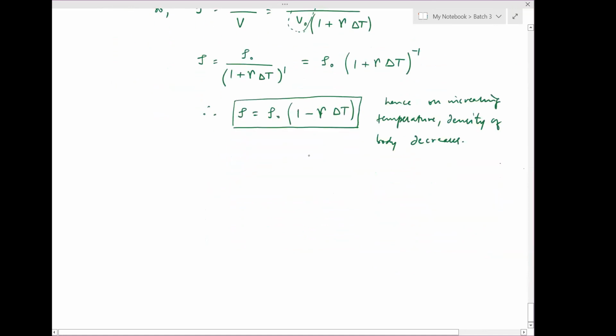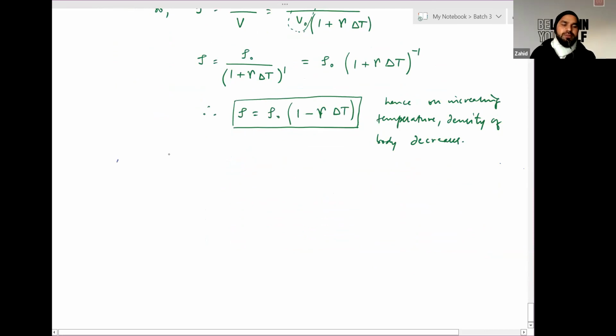Okay, we may write this particular expression in some other way also, in terms of volume. Since delta V by V equals gamma times delta T, which will be equal to minus of delta rho by rho. If you simplify this expression, you'll get this part.